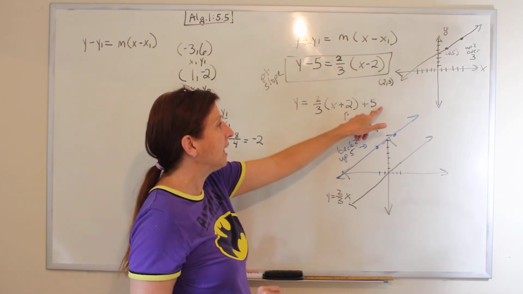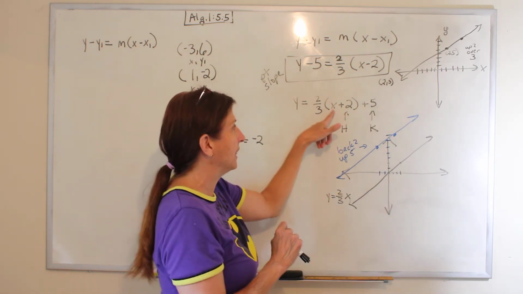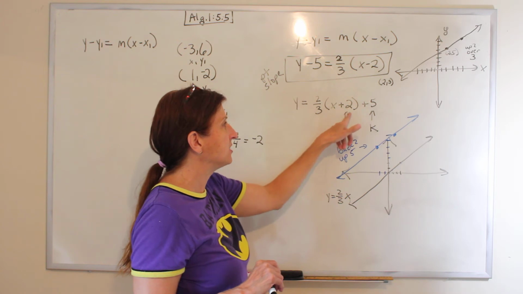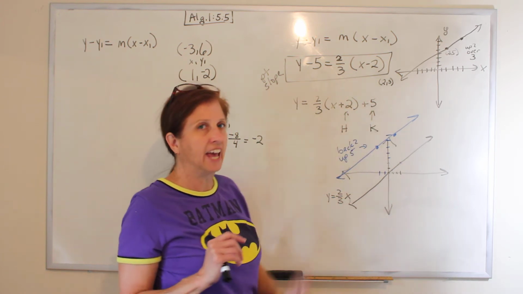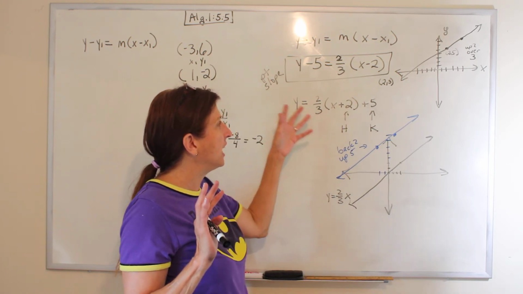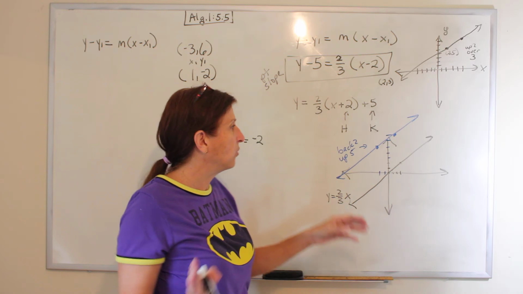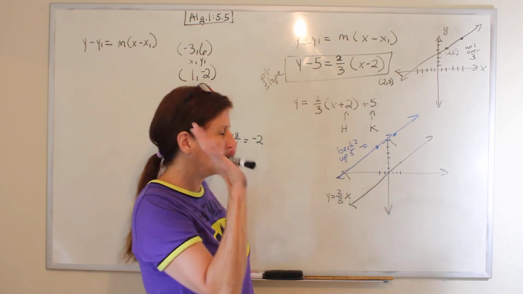And then there'll be another number not in the little tent with x. And these two numbers have a special designation. They're called H and K. And what they do is they change the graph from what it would be like if they weren't there. I know that sounds crazy.